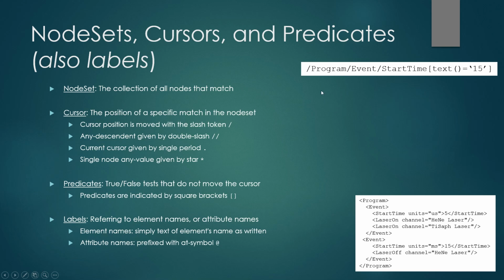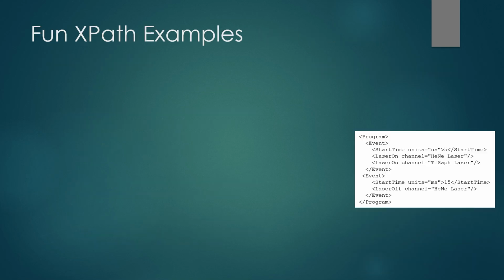We're finding a tag called program. If it's an element, that just simply means that there were no decorations on top of it. The word program means the element program. That's the simple one. Attributes begin with the symbol at. So if you see the thing at program, that's not an element called program. That's an attribute of the current node set called program. All right. Let's look at these things in just a little bit more detail later on.